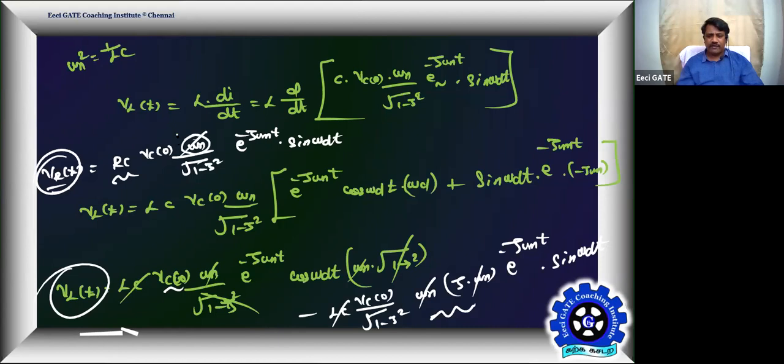So replace it by that. Then LC will get cancelled, and you will end up with R by L. Do we have R by L here? We have zeta, we have root of 1 minus zeta square.